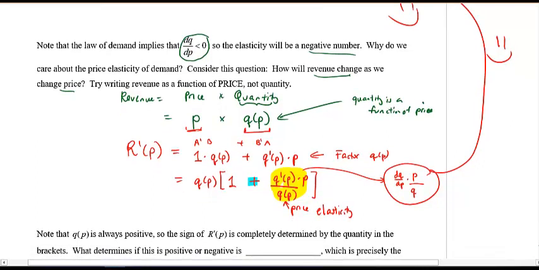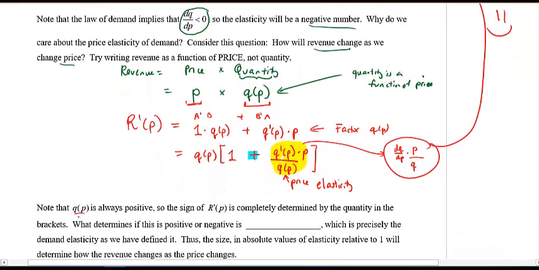So note that the quantity, which in terms of price, Q of P, is always positive. So the sign of R'(P) is completely determined by the quantity in the brackets here, right?